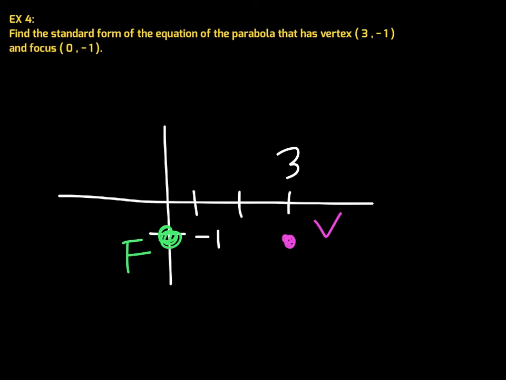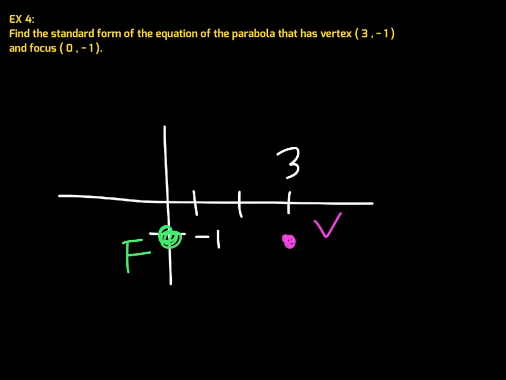I want you to think about the direction of this parabola. Is this parabola opening up, opening down, opening to the left, or to the right? Well, it could not be opening up because the focus has to be within the parabola. So that doesn't make sense. It cannot open down for the same reason. It cannot open right for the same reason.